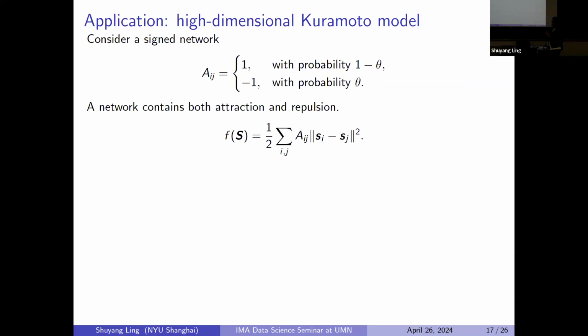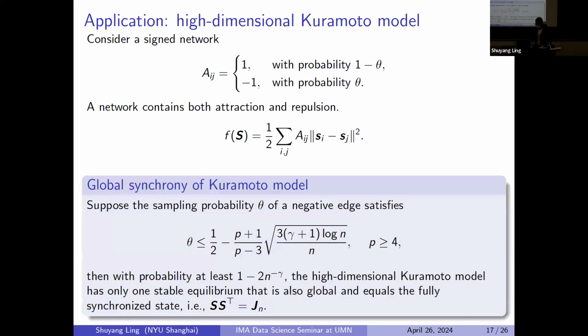Then we're asking how large theta can be, what the maximum theta is, so that this Kuramoto model will synchronize. Because if theta is very small, it means very little repulsion, so it should synchronize. But if theta becomes very large, it just means that there's a lot of disagreement, right? You won't have consensus.